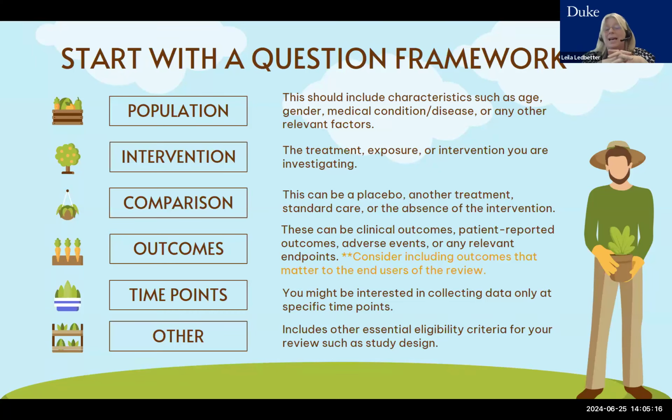One of the things that I have found I need to stress during this part of the process, this little bit I have in orange here, is to make sure that they are collecting and reporting data on stuff that their readers are going to care about. If someone's going to pick up their review, what are they going to want to read?